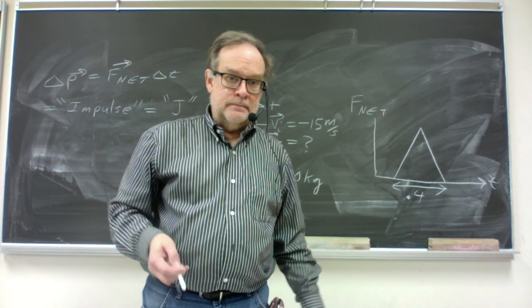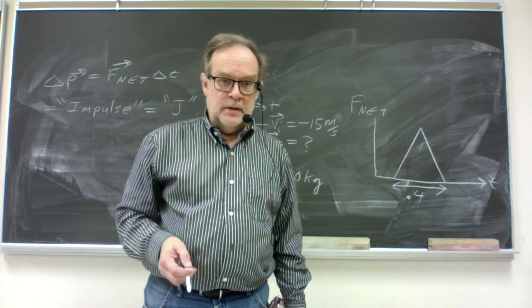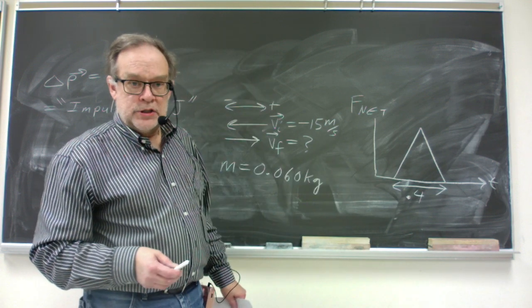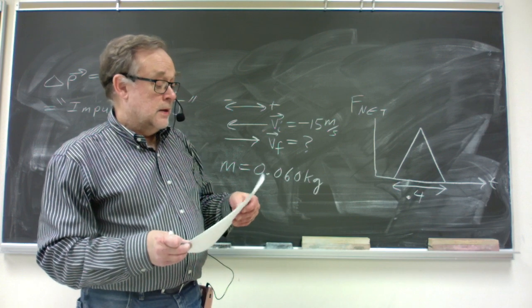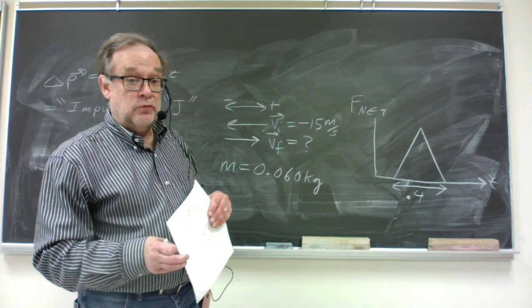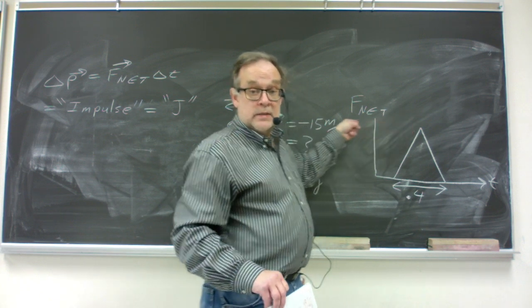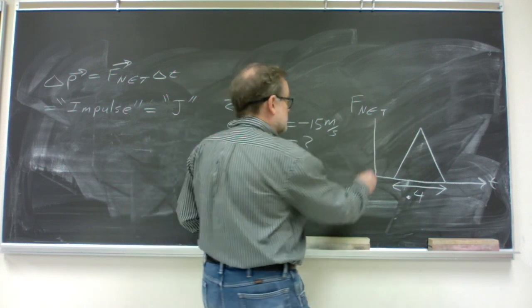That's actually longer than what really happens in tennis, but we'll go with that number just to keep things simple here. And let's say that the maximum force from the racket on the ball is 8 newtons.